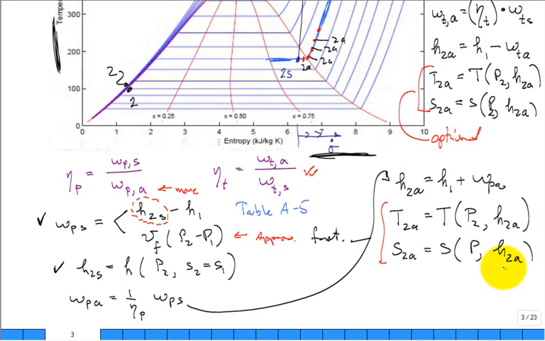More time spent in table A4 or A5 doing the interpolation. Well, you'd have a long problem, and now if somebody gives you the efficiencies of a pump or a turbine, you can do it. It's just more steps. Okay? All right, more steps. Okay, are we ready to move on?